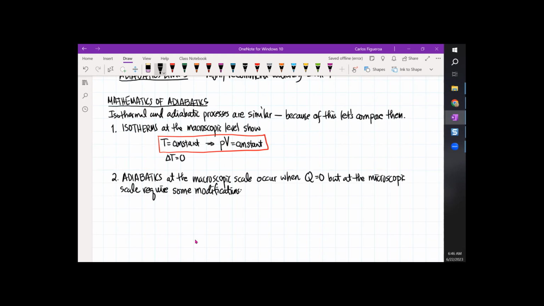So that means here that for Q equal to 0, the requirement is that P times V to the gamma power is a constant, where gamma is the ratio of Cp to Cv, which is greater than 1.